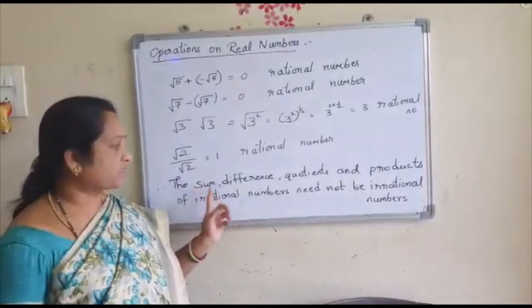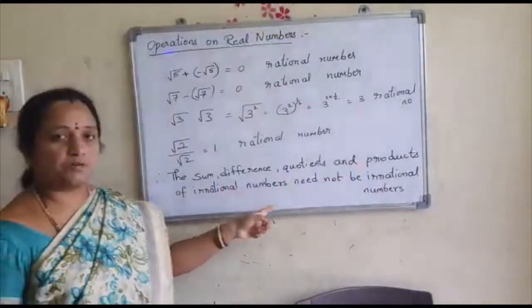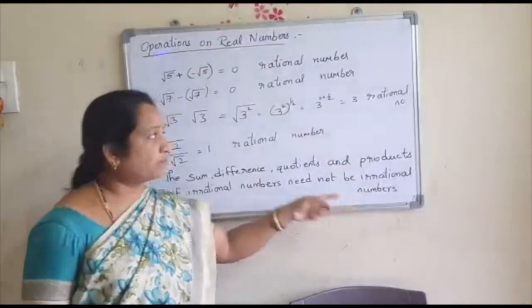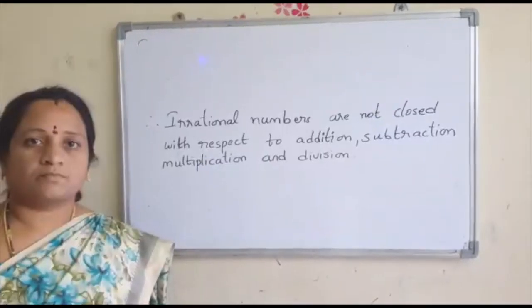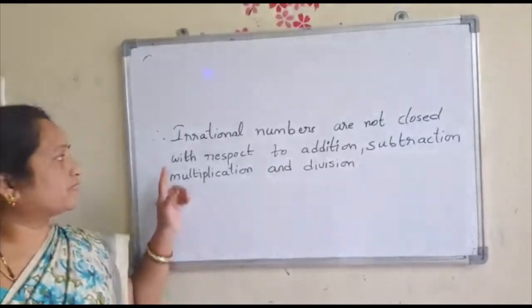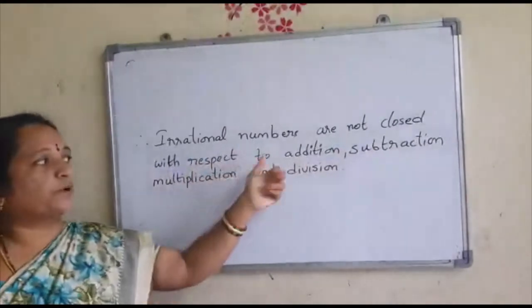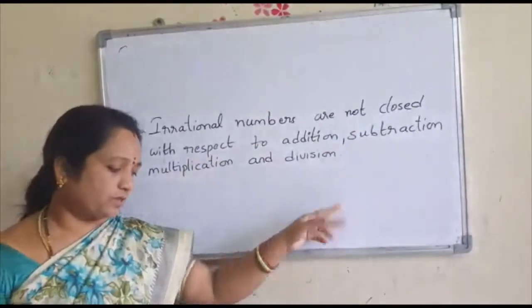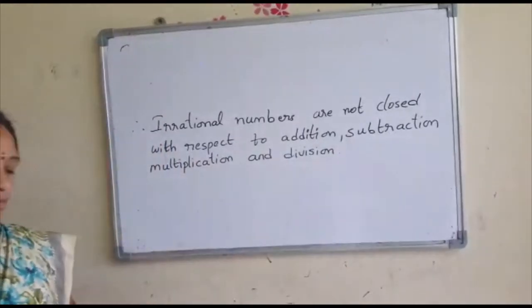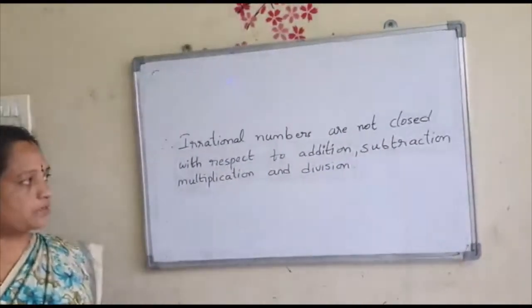Therefore, the sum, difference, quotients and products of irrational numbers need not be irrational numbers. That's what we have proved here. Therefore, we can say that irrational numbers are not closed with respect to addition, subtraction, multiplication and also division. Now let us see some problems on irrational numbers.